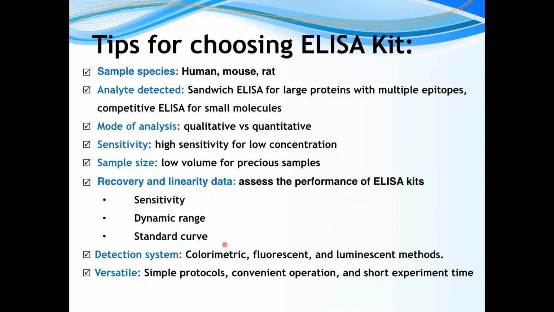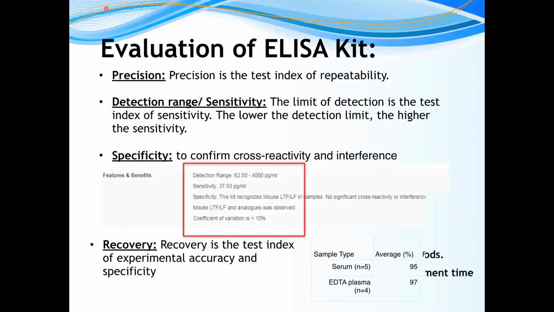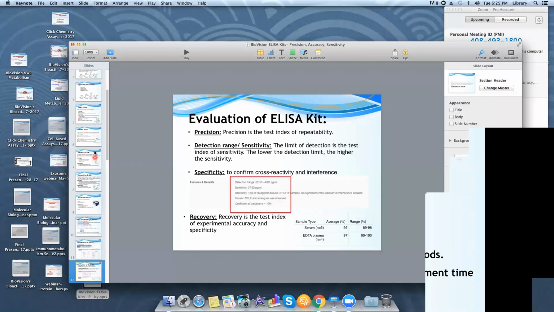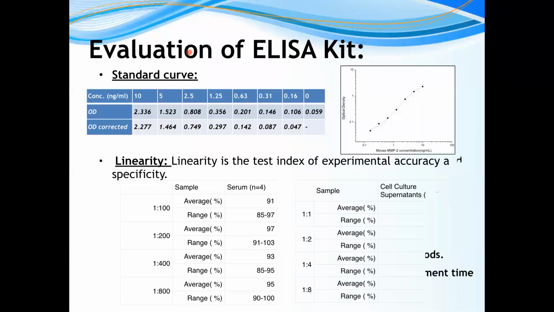So next, I would like to talk about how we can evaluate an ELISA kit. Suppose we have a product description and all the data that I have just described in the previous slide, with tips for choosing the appropriate ELISA kit.